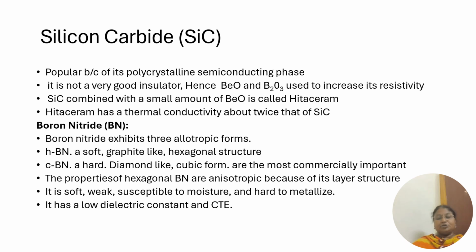In one particular direction, it can have sharp cuts. That is anisotropic. And it is soft, weak, and susceptible, and hard to metallize, and it also possesses a low dielectric constant with a CTE, temperature coefficient of expansion.